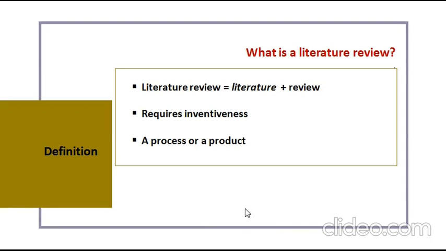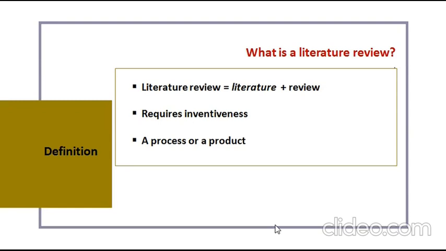The third thing that we can say about the review of literature is that it can be seen as a process or as a product. And this sometimes confuses the novice researchers. When we look at it as a process, it refers to an activity that is performed by the researcher. And when we look at it as a product, it refers to a text that is written by the researcher after performing the activity.